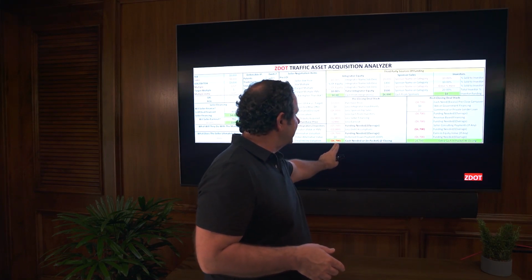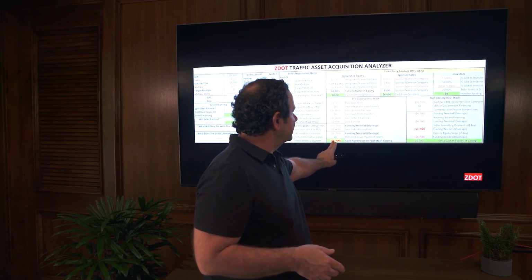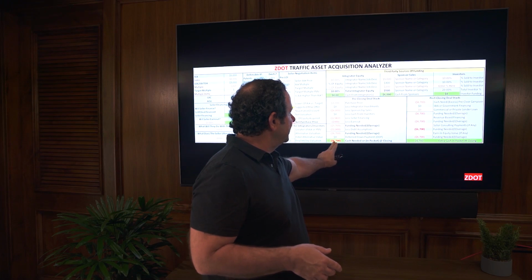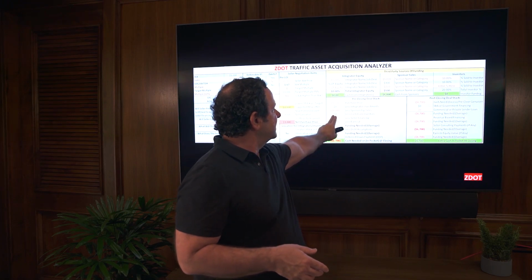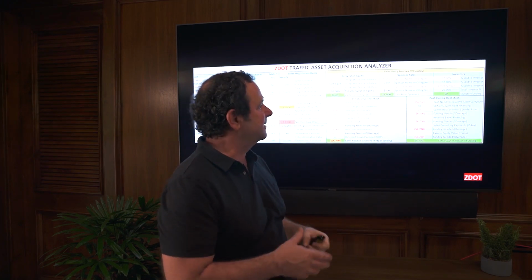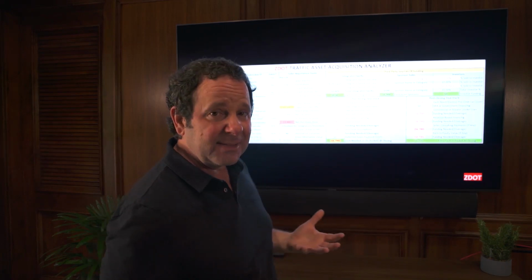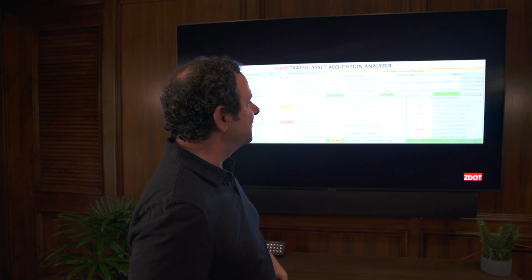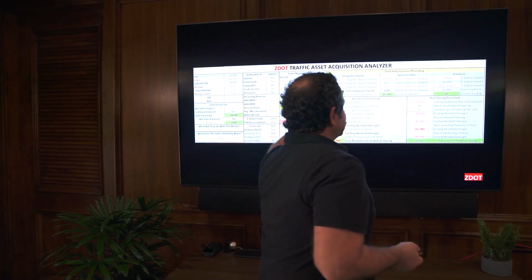We can own this asset with 100% and put the money in our pocket because I'm not taking any money from investors here, right? If I needed more money, I could take money from investors, but that's why this sheet does all that calculus for you.